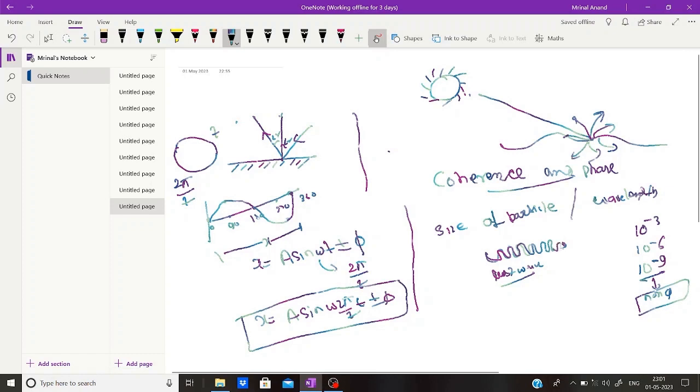So it will interact with this minute particle, and the scattering will happen in all directions.